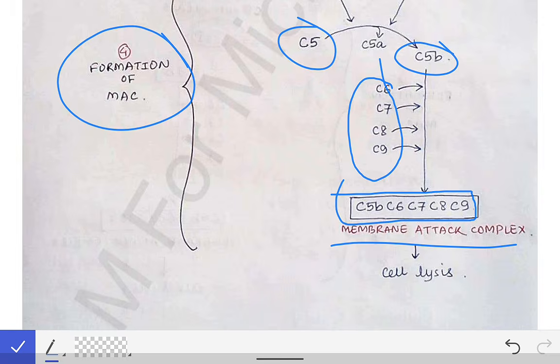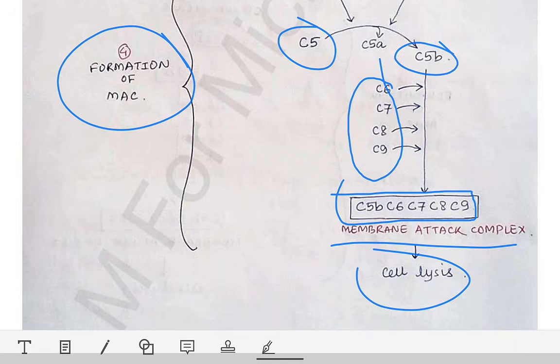This complex forms a pore on the bacterial surface or the viral surface, and once the pore is formed, there is influx of different types of substances, fluids, etc. into the bacterial cell, and there is bursting of the cell and thereby lysis of the bacterial or tumor cell. So this is how the complement system augments the immune response by killing the microorganisms, the tumor cells, or viral cells.